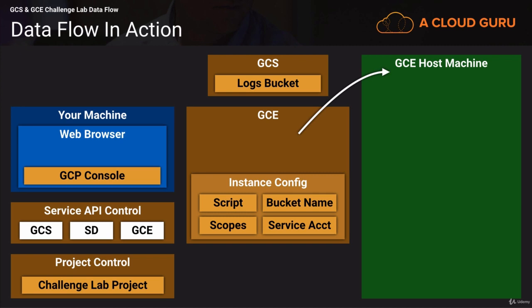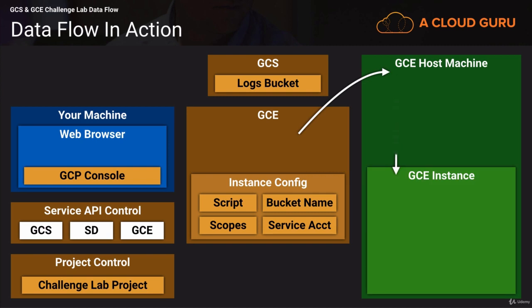Now that host machine will then reserve some space for the GCE instance, but there's more going on this host than just that. One of the important things to understand is that the host machine itself is always running the metadata service. And this is why you can connect from a GCE instance to the metadata service using just HTTP instead of HTTPS, and it's still secure.